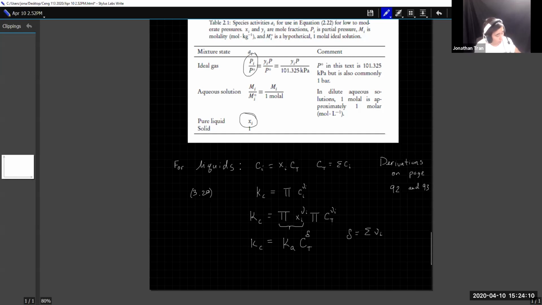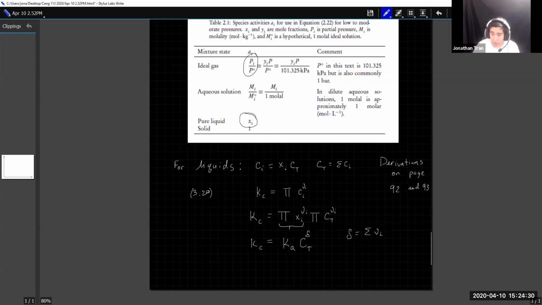One thing I did want to point out is that if you do look at the derivation of this in your textbook, and assuming you have a hard copy, there is an error in the format of the equation on page 92.